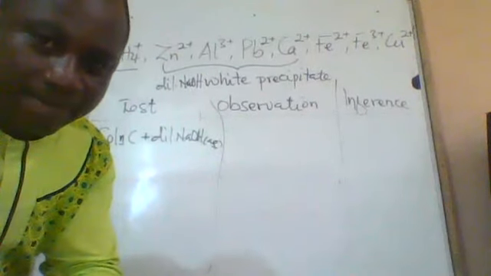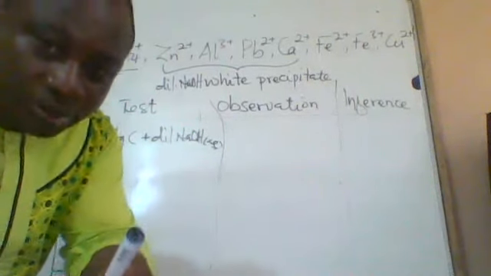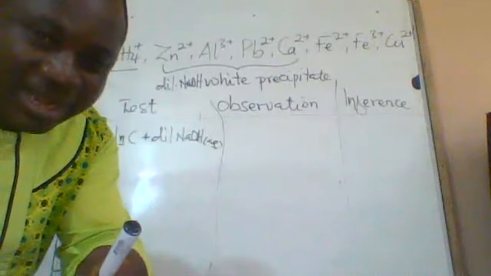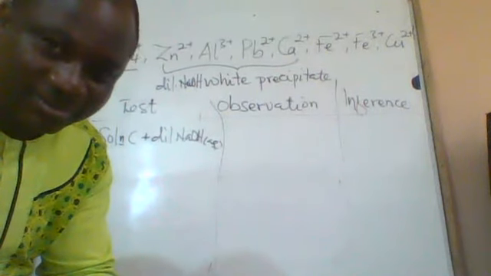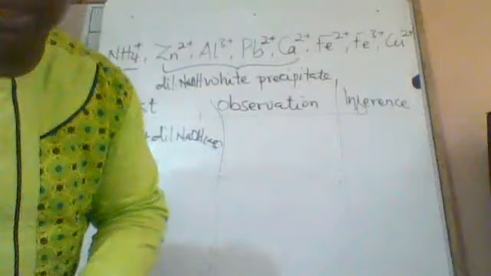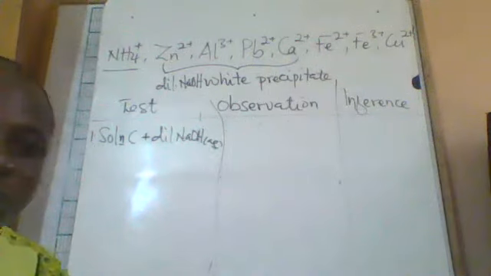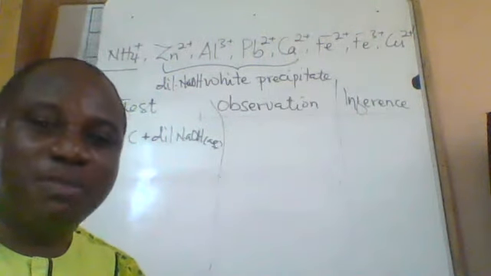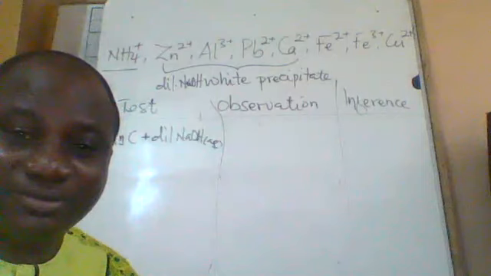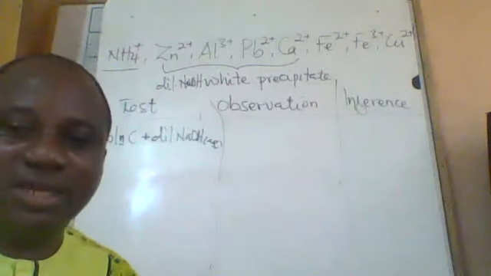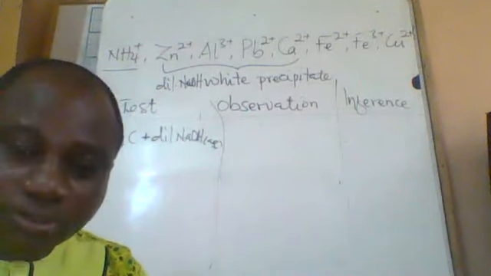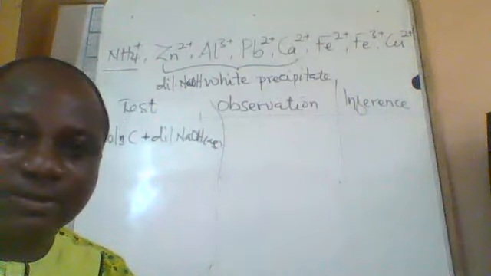And here we add in drops and then in excess. Sometimes in drops, a PPT will be formed. But in excess, when more is added, the PPT will be soluble. So on adding the reagent, you add it in drops, followed by excess.